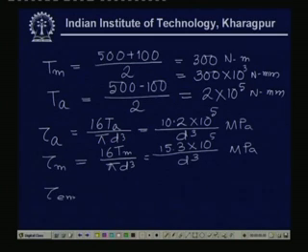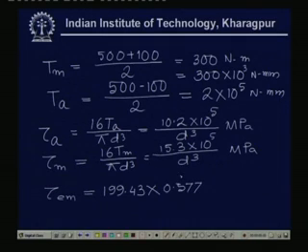So, tau endurance limit for material will be how much? First, everything was remaining same as we have assumed, only a load factor will come into picture.